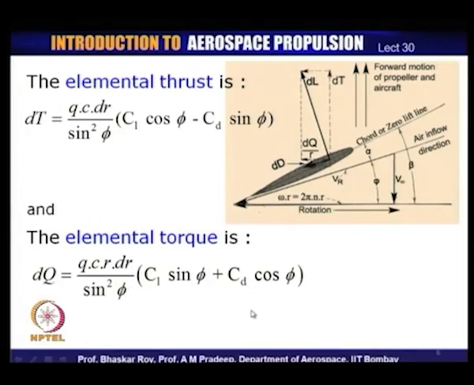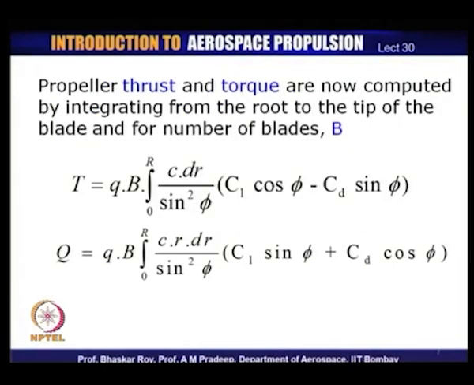So, the elemental thrust and the elemental torque can now be written down in terms of the characteristics and the geometry of the aerofoil and the flow which is coming in at an angle phi. So, these are the things that are built into the equations that create the elemental thrust and the elemental torque.